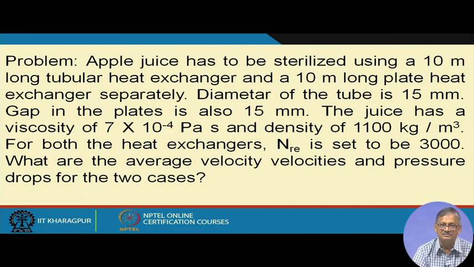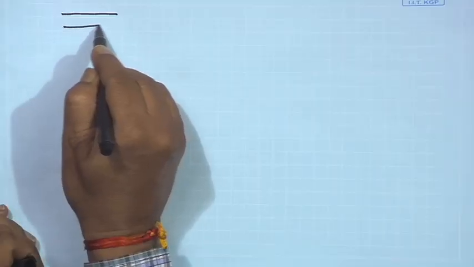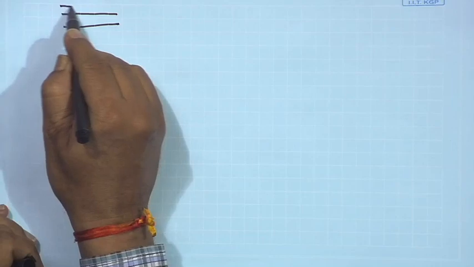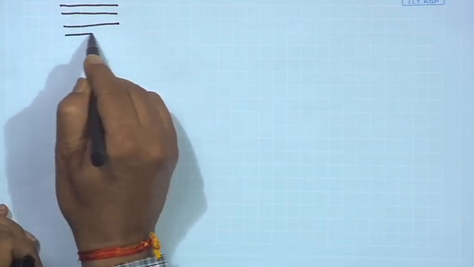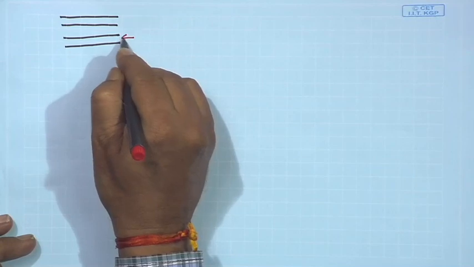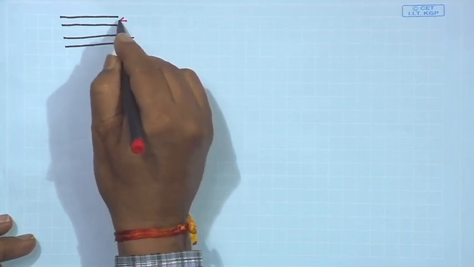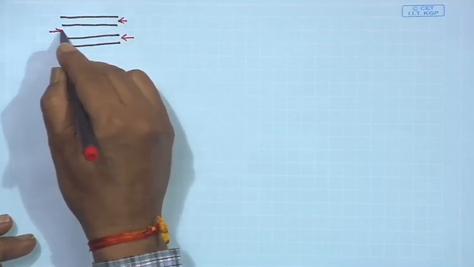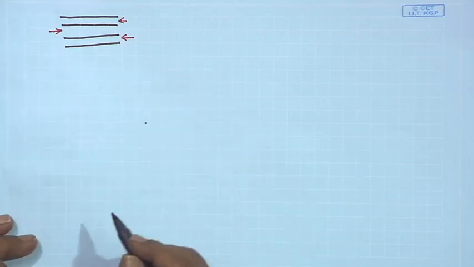You can solve it. But you see, the tubular heat exchanger, what it is, that means tube in tube. So one tube is here and another tube is there. One fluid is flowing through this and another fluid is flowing through that. This is called counter current.